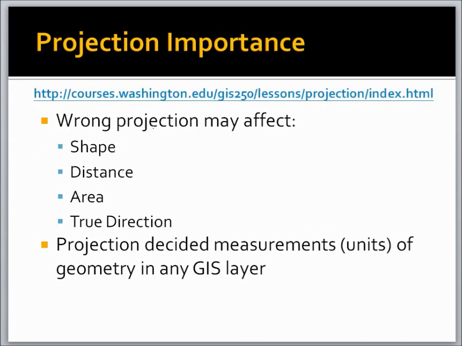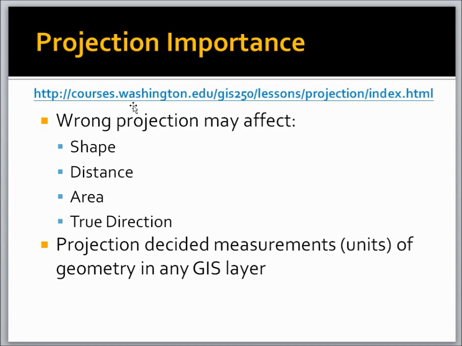As to the importance of projection, here is a reading that is associated, with more details. For why we need a projection: each layer needs its associated projection to project a real 3D object into 2D maps with minimum distortion. To minimize the distortion, the layers should be in the same projection.